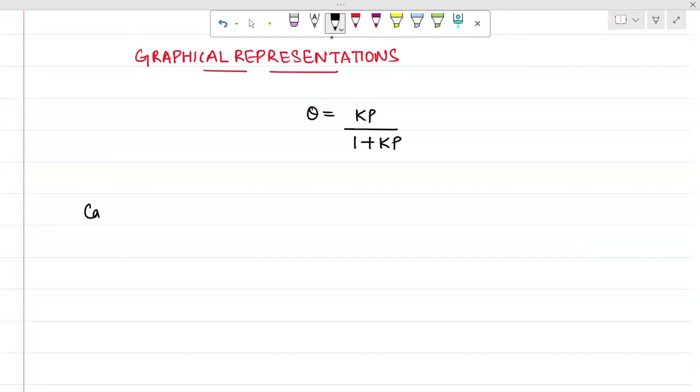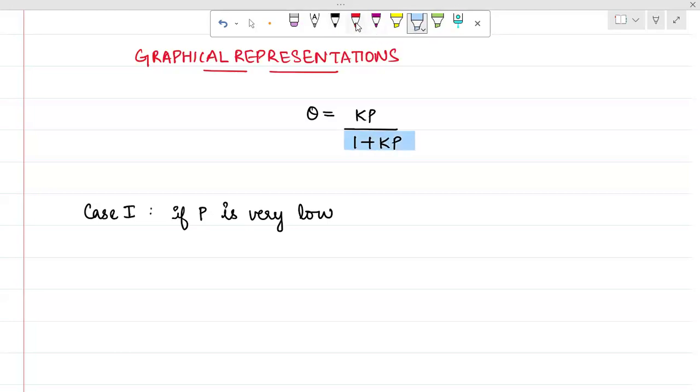Case 1. We are going to assume that the pressure is very low. Whenever such conditions are applied, we know that it is always applied at the denominators.